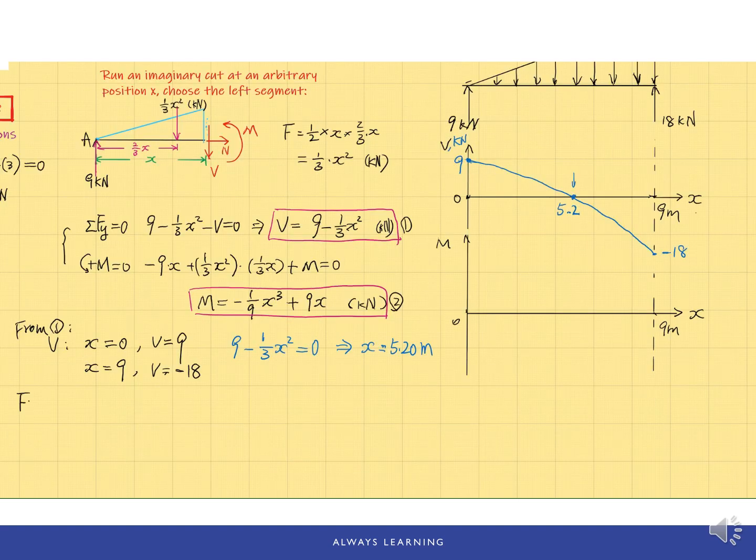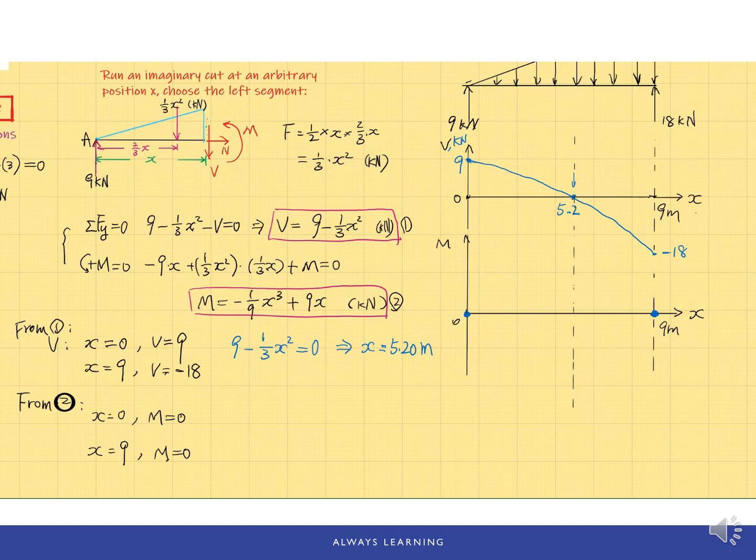From equation 2, we're going to plot the bending moment diagram. Since we already finished the shear force diagram, we'll do the same thing. At x equals 0, the bending moment is also 0. At x equals to 9, the bending moment is also 0. How do we figure out the values of the bending moment M between those two endpoints?